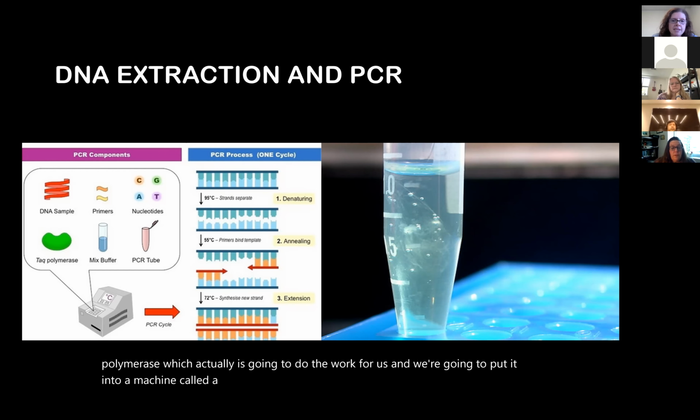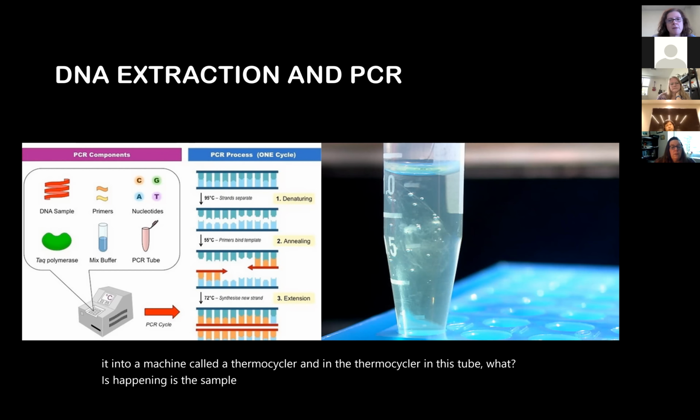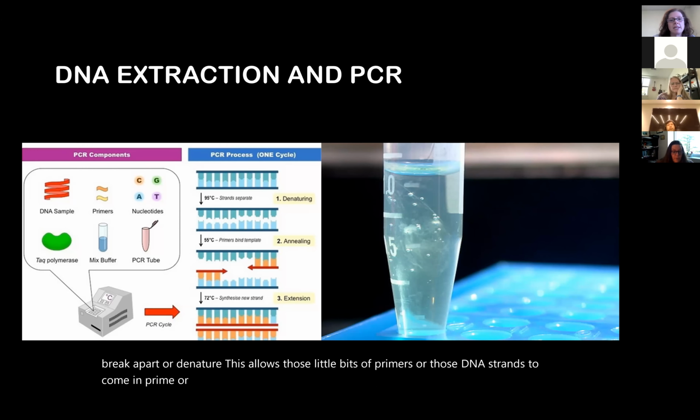And in the thermocycler, in this tube, the sample is first heated up very hot so that the DNA strands can break apart, or denature. This allows those little bits of primers to come in and prime, or start, the synthesis of new DNA.